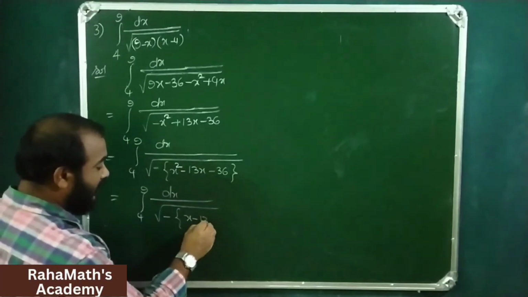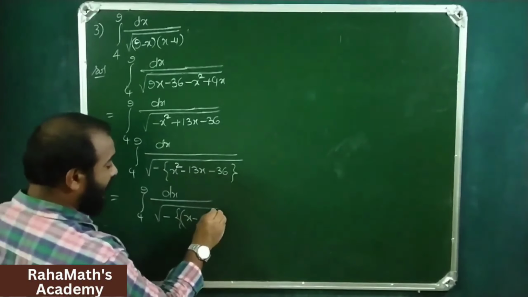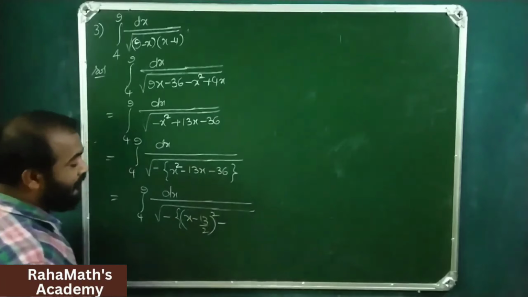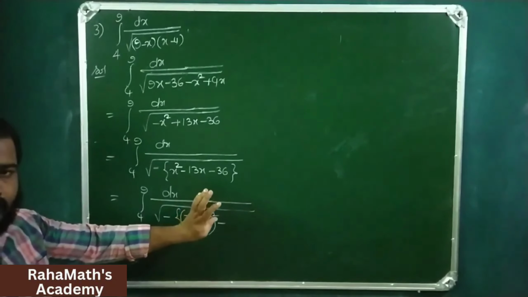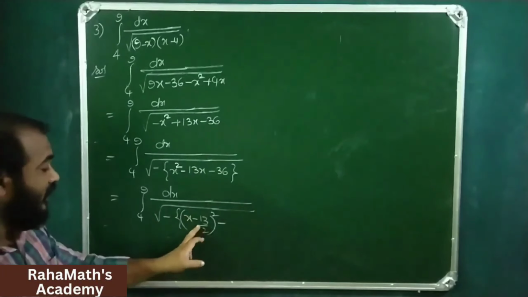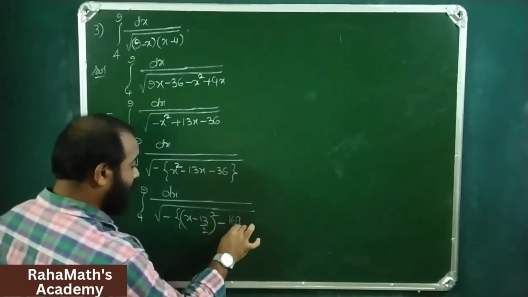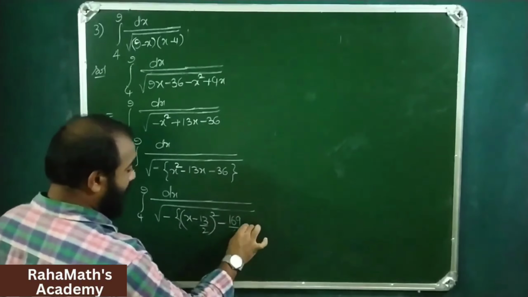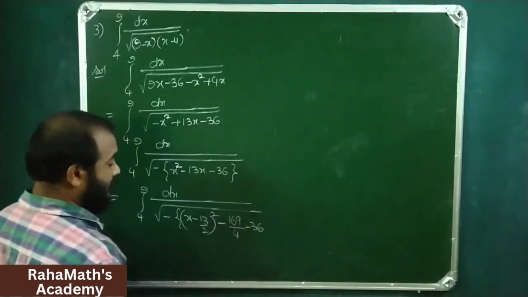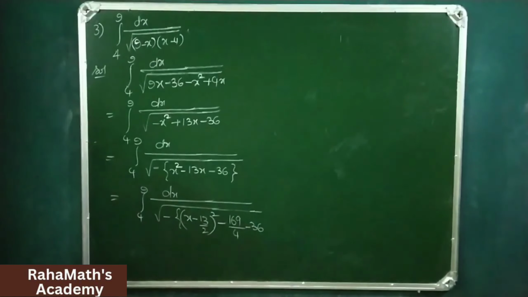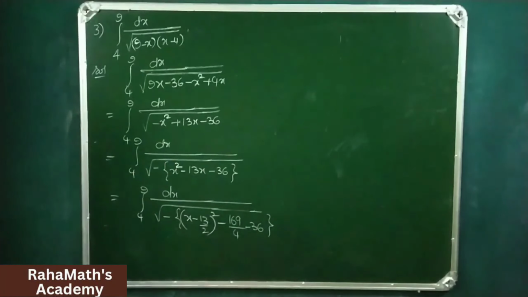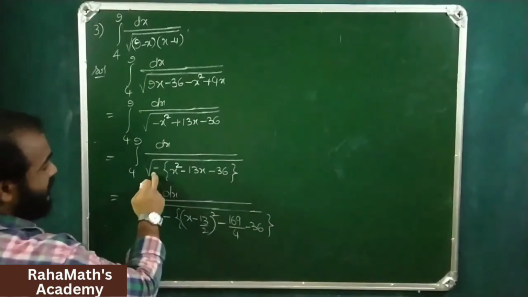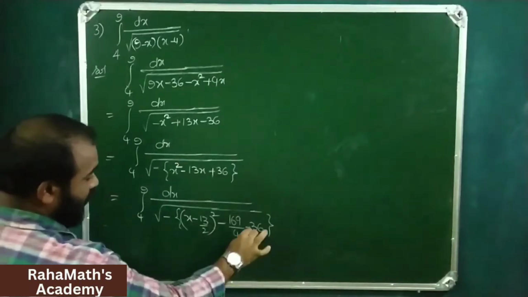Half of that, 13 by 2, complete the square like this, minus whatever 13 by 2 we have here, you have to square. 13 square is 169, by 2 square is 4, minus 36. So if I take a minus here, this minus becomes plus 36.